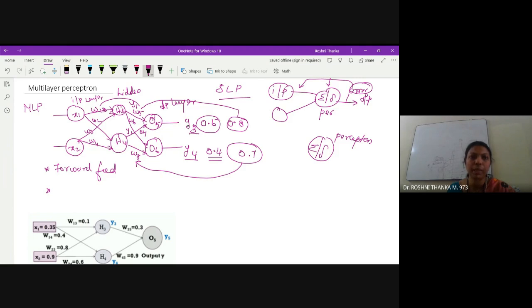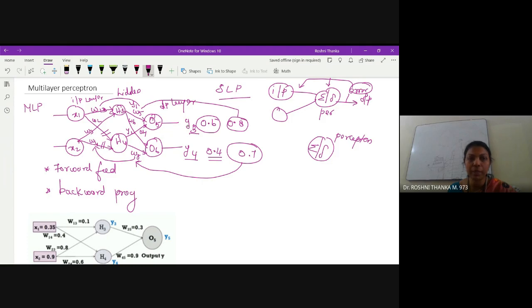This weight will be updated. This weight again, after updating, will come back, and again we'll be updating all the inputs that are related to getting this output. So after we update these weights by doing a backward propagation, this is called backward propagation. So going in reverse, backward, and we will be updating the weights.